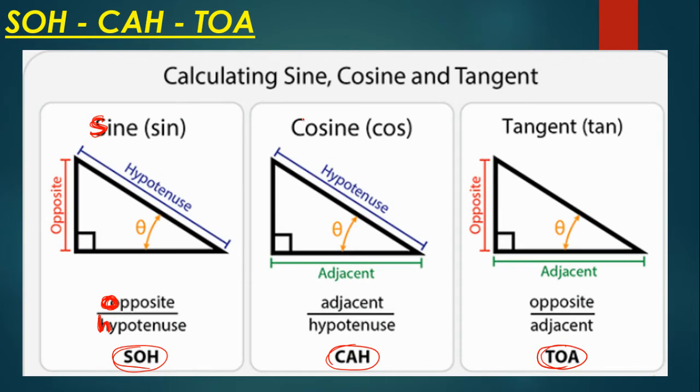In the same way, with cosine, the first letter is C, the first letter of adjacent is A, and the first letter of the denominator is H. So CAH.